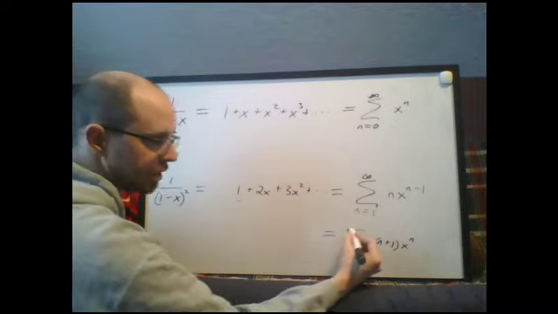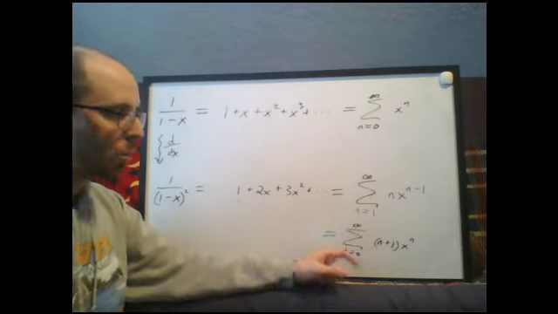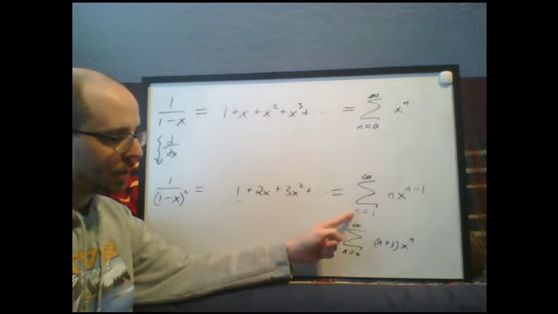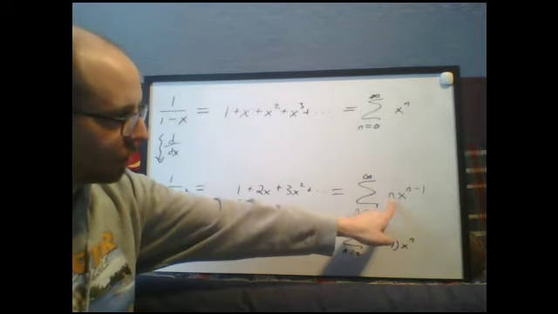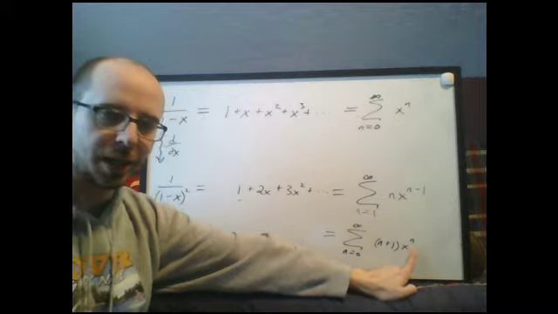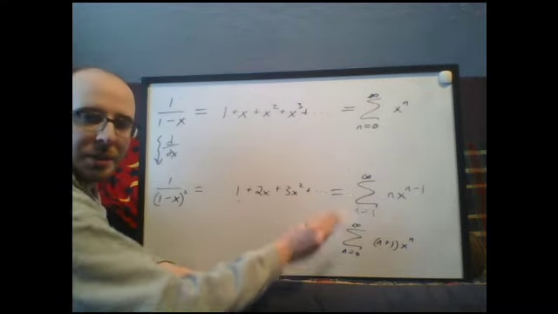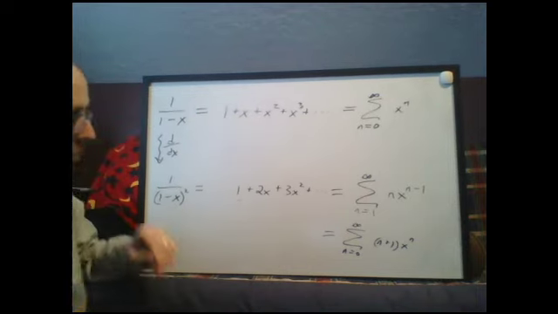So I'm adjusting my index basically by replacing n with n plus 1. If n plus 1 equals 1, that means n is 0, and I have n plus 1 and n plus 1 minus 1 here. That gives me n plus 1 times x to the n. These are the same series. One's not better than the other. Either one is fine.